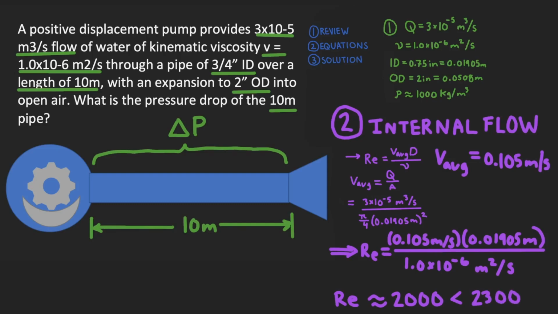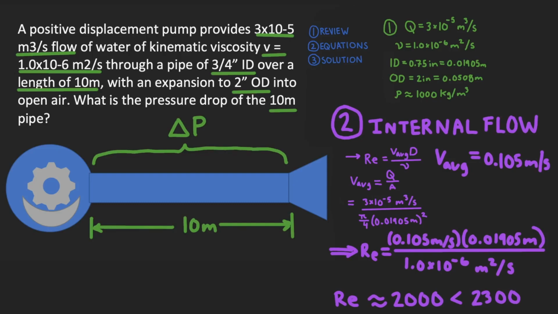But we're dealing with laminar flow in this problem. Now, the next thing we need to do is determine our entry lengths, because this can affect how our fluid will flow throughout the system. Because our pipe length is much greater than our diameter, that is more than 10 times greater than our diameter, our entrance effects can be neglected. They're not really going to affect the system.